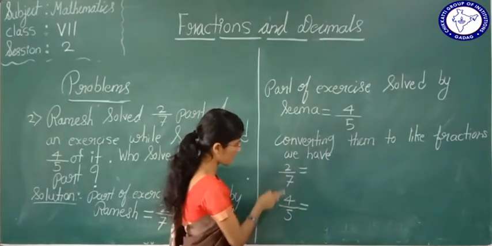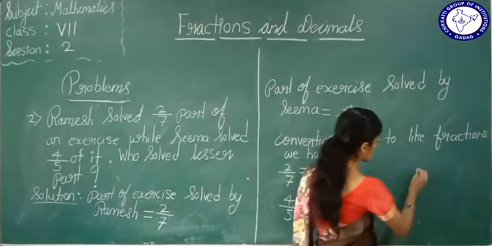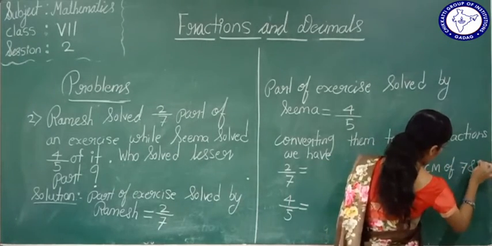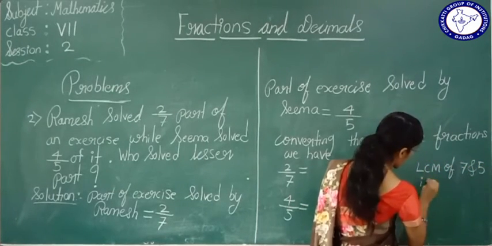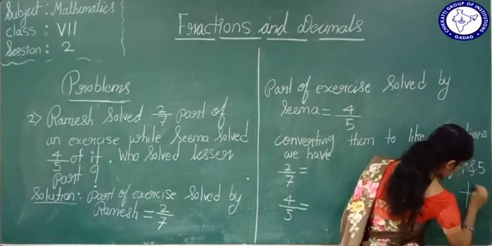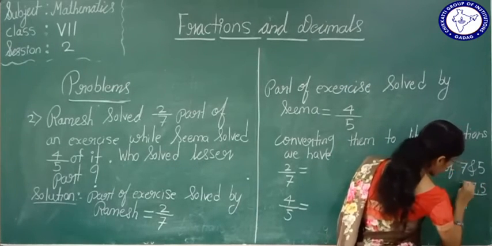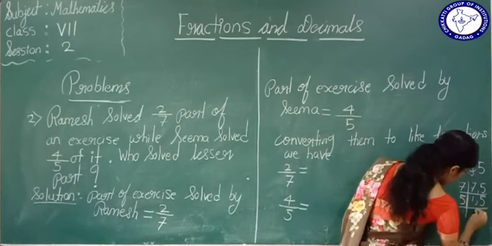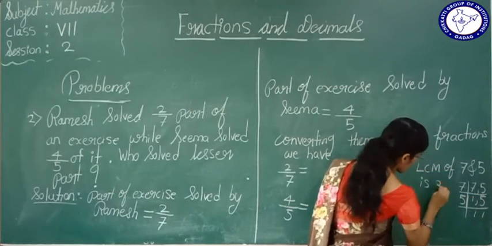These are unlike fractions. So take the LCM of 7 and 5. What is the LCM of 7 and 5? 7 ones are 7, 5 as it is. The LCM is 35.